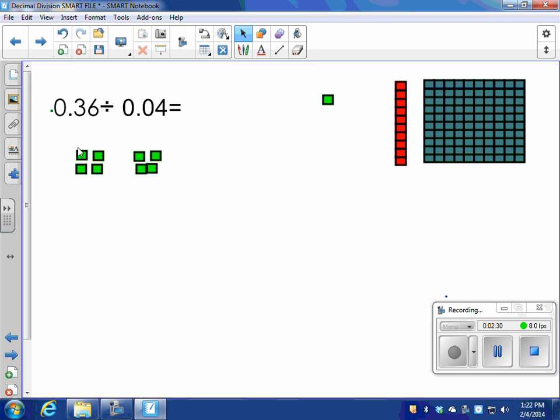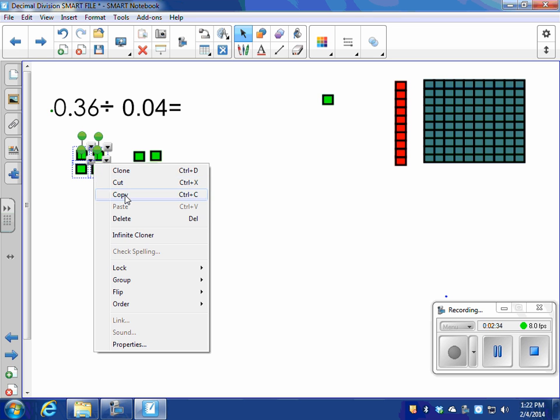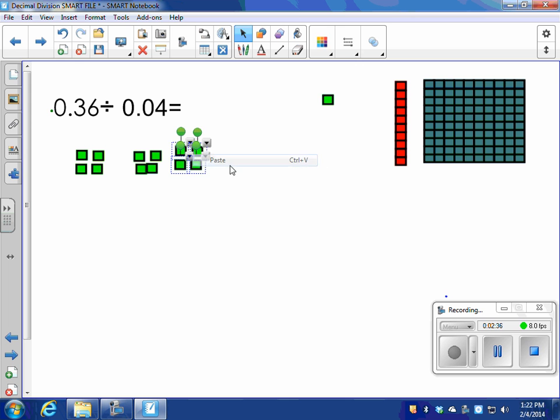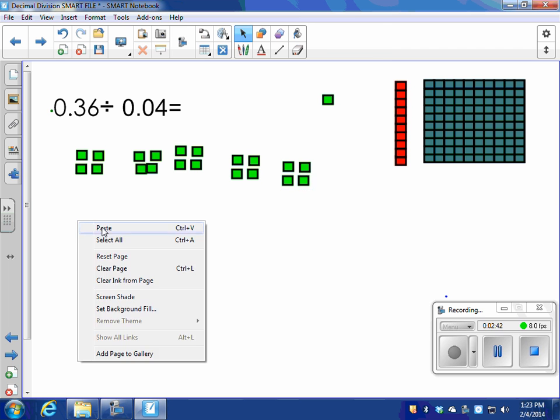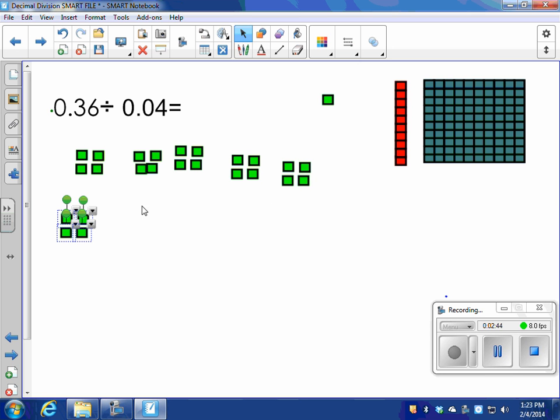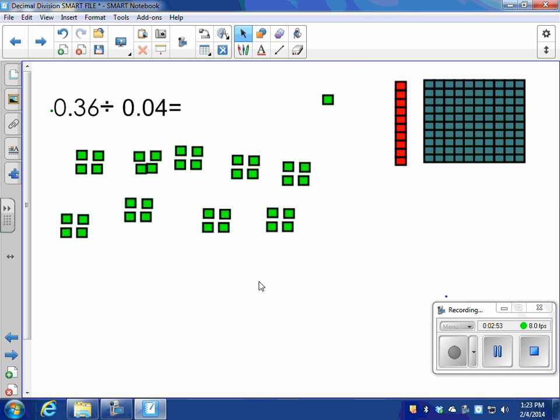Let's see if I can clone this. 9, 10, and so on, up to 35 and 36.